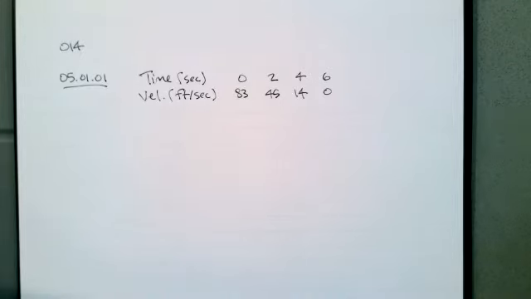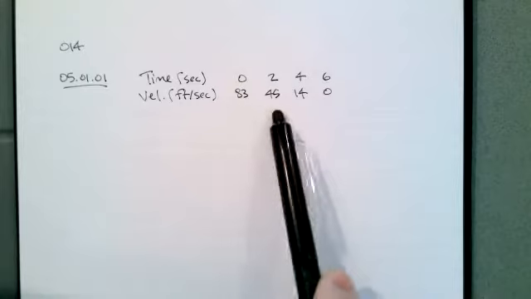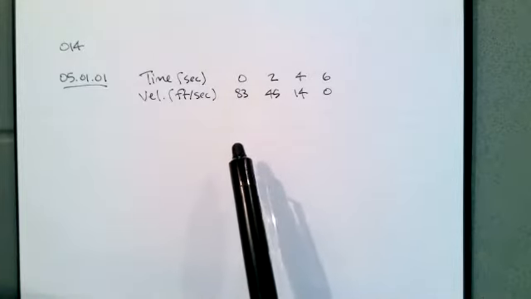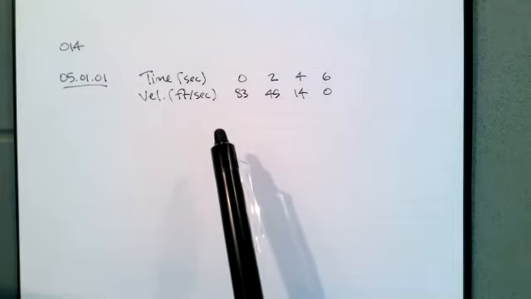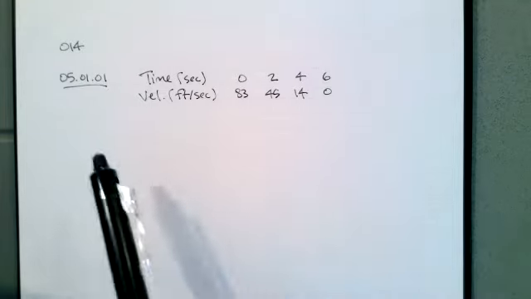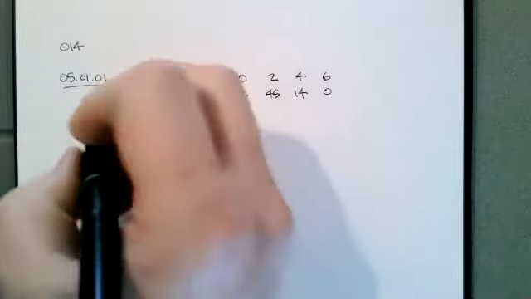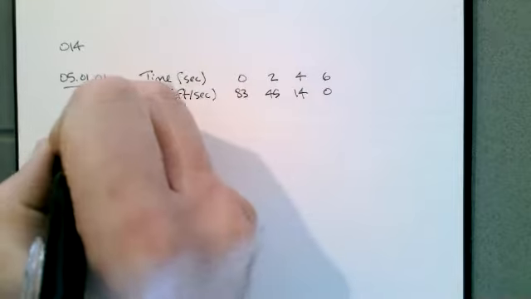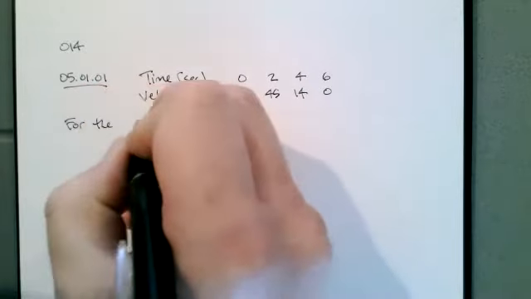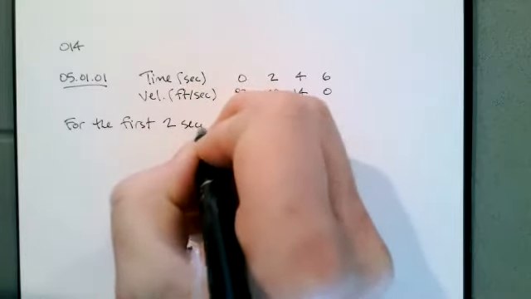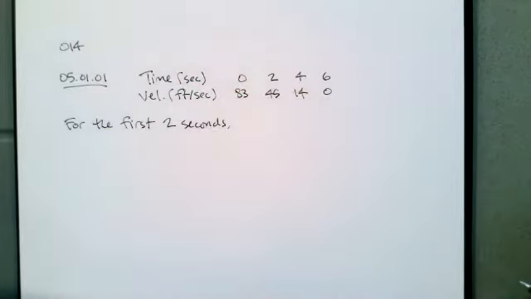So in this first 2 seconds, if we assume that we are traveling at a constant velocity, we have an over and under estimate. So for the first 2 seconds, we can assume that we are traveling 83 feet per second or 45 feet per second.